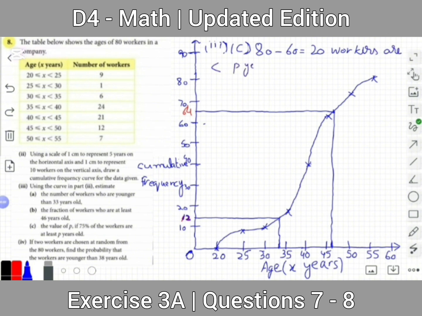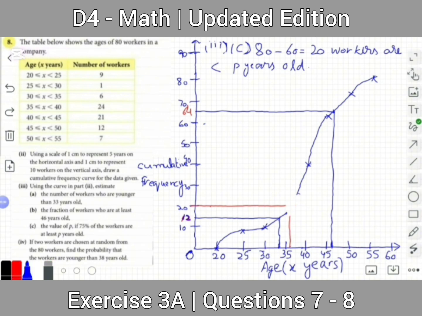Now from the curve, since we have found out the number of workers and that is 20, here we will reverse the things. Here we will draw a horizontal line from the vertical axis until it intersects the curve, and from the point of intersection we will draw a vertical line until it touches the horizontal axis.